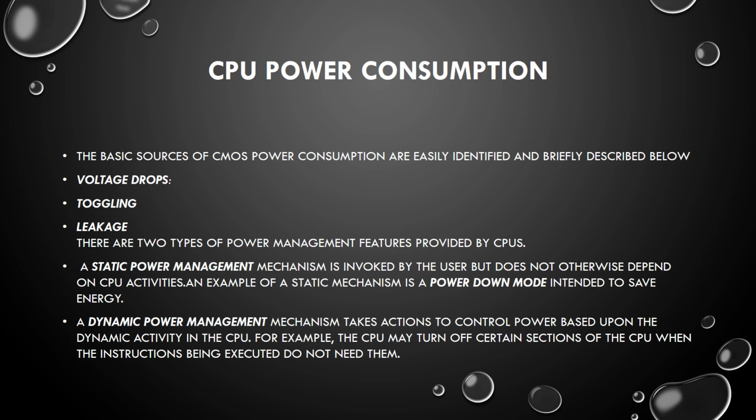The CPU also allows part of the CPU to be totally disconnected from the power supply to eliminate the leakage current. These are some of the techniques used to reduce power consumption in the CPU. Apart from this, there are two types of power management features provided by the CPU: one is static power management, another is dynamic power management.